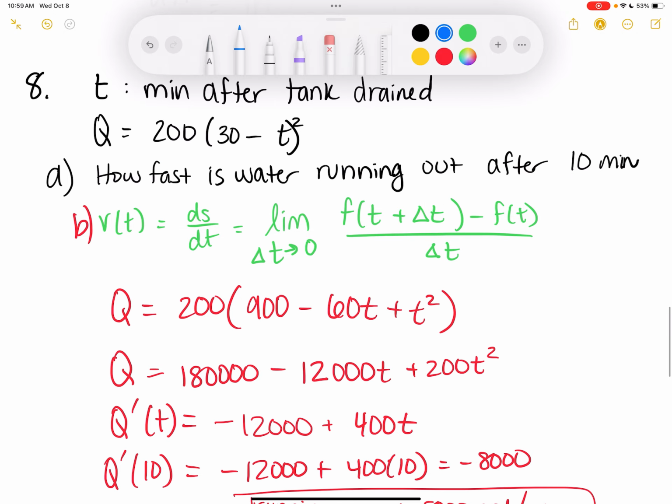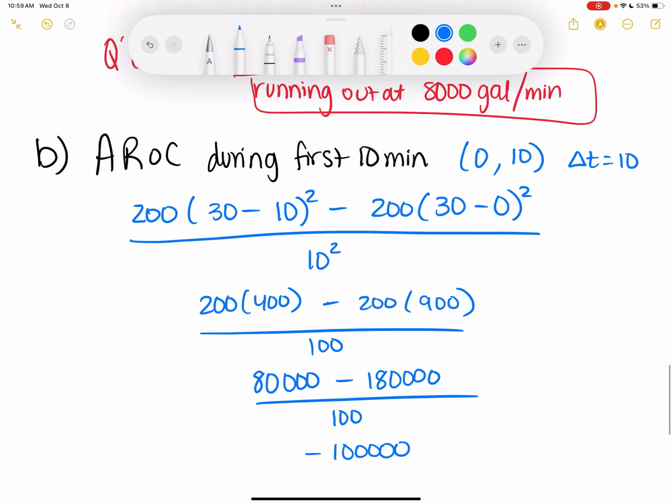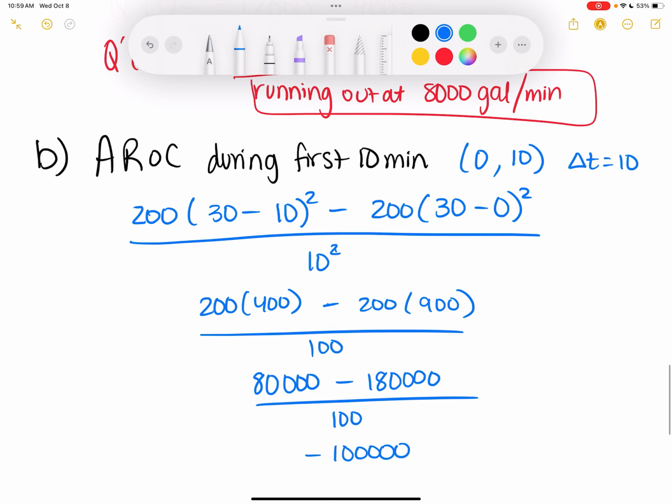Hold on a second. Oh, wait. Hold on. I don't think that's actually supposed to be squared, because it's just delta t on the bottom. Yeah, it's not supposed to be squared, so let me change this.